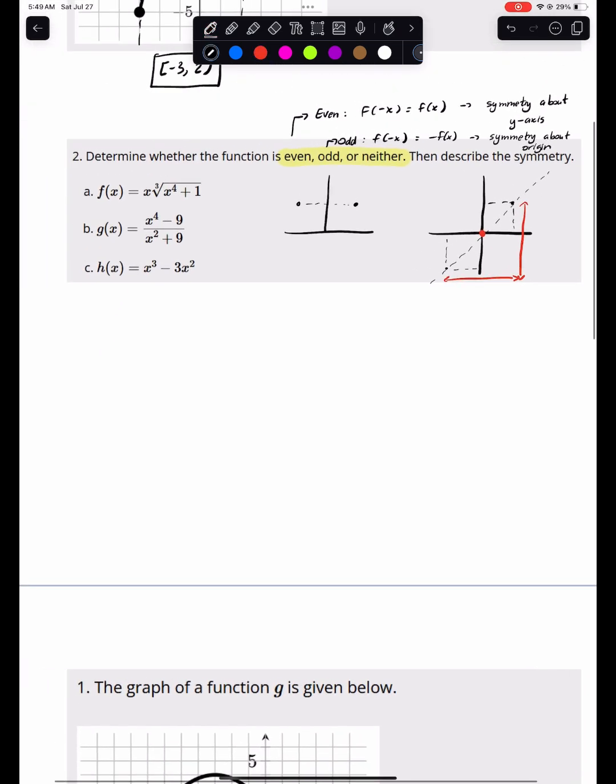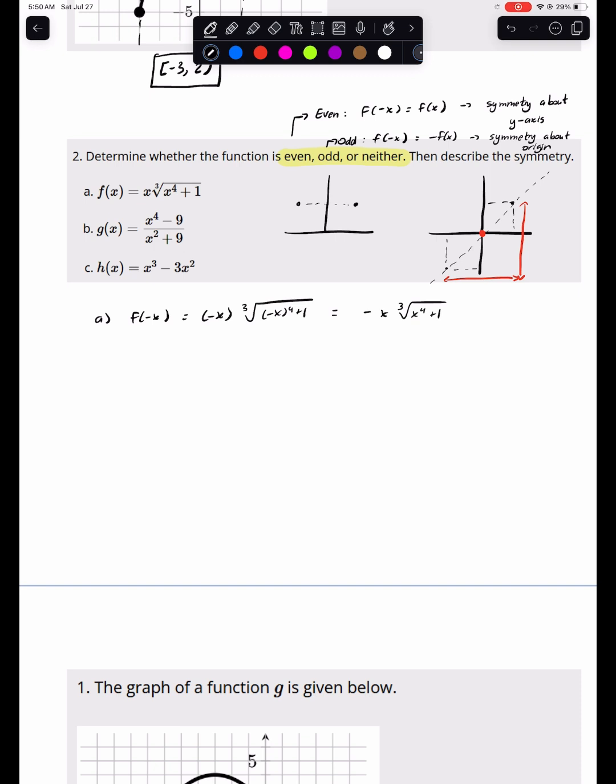So part A, right? Our test is to put in negative x. So f of negative x, and we'll just put in a negative x where we see x, right? So negative x times the cube root of negative x to the fourth plus 1. This gives us negative x times the cube root of x to the 4, because a negative raised to an even power just cancels out to a positive, right? Plus 1.